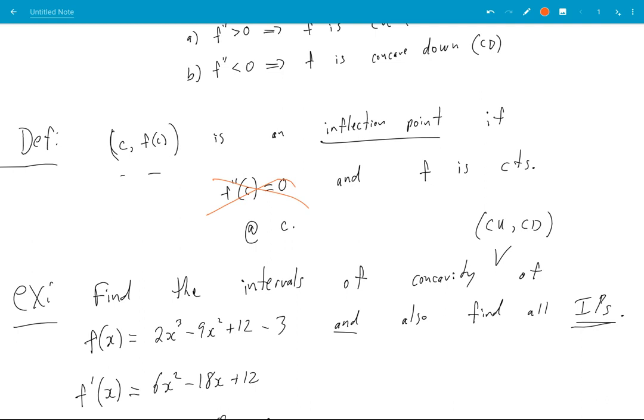So what we should be saying is that if concavity changes, and f is continuous at c. Sorry about that.